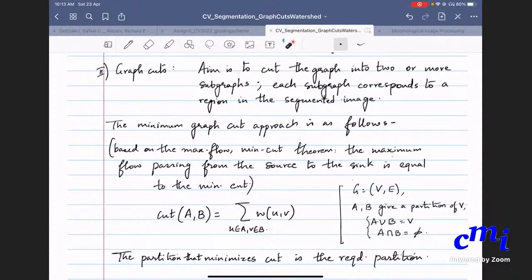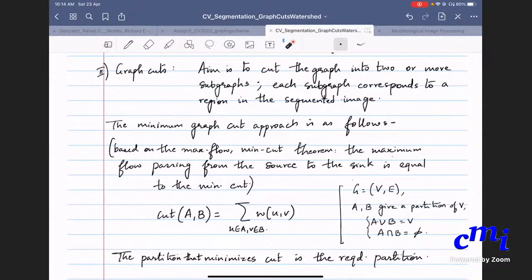I will not describe the algorithm because it will take quite a while to go into the details, and also there are many implementations of it, so it's not new. It's been there for a long time. But I will tell you what is the idea behind graph cuts.